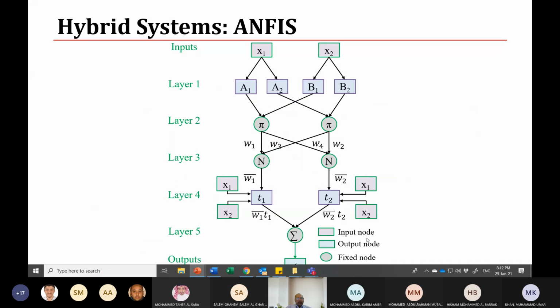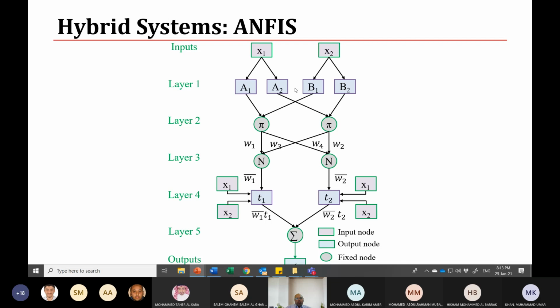So this is just an example of the neurofuzzy. You have here the inputs of the neural network. This is called the ANFIS, Adaptive Neurofuzzy Inference System. This is well-known name for the neurofuzzy hybrid system. You have here two inputs, X1 and X2, and each input you fuzzify it.